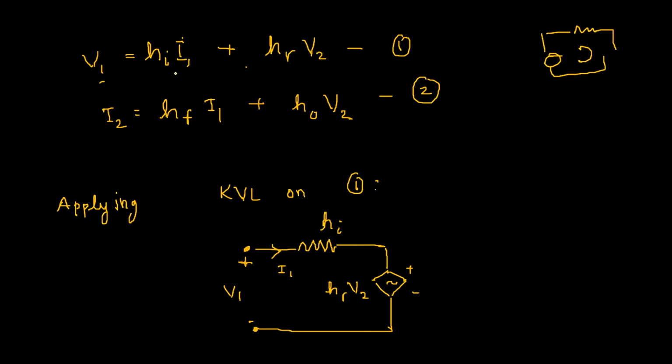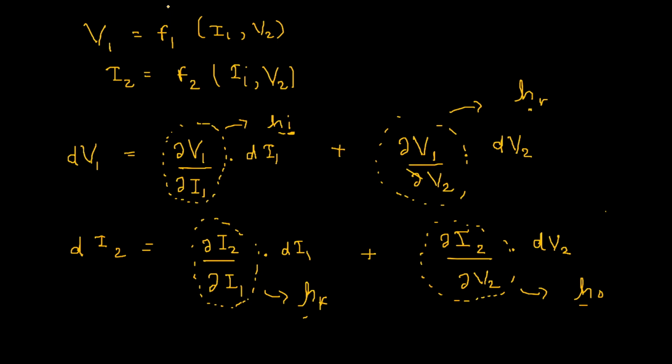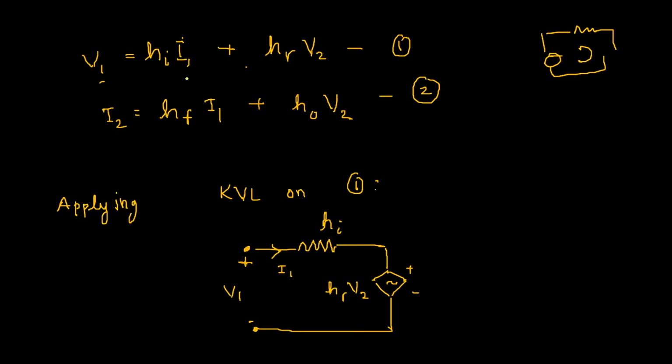Like I said, hi means an impedance because it's voltage divided by current, and there is a current I1 flowing through it. So the potential drop across this impedance is hi into I1. Then we have a voltage source.